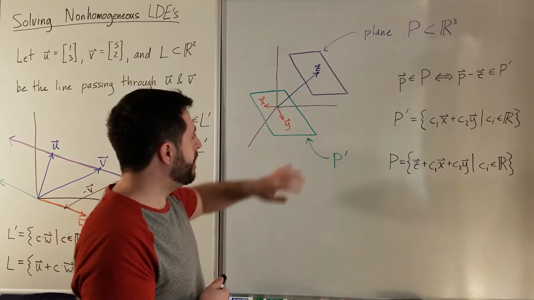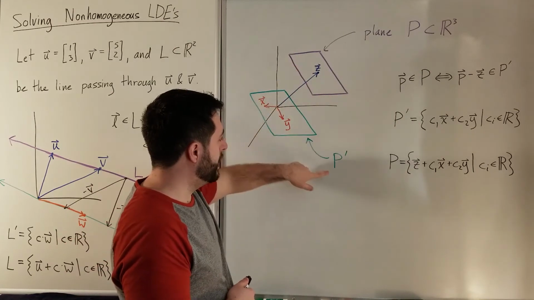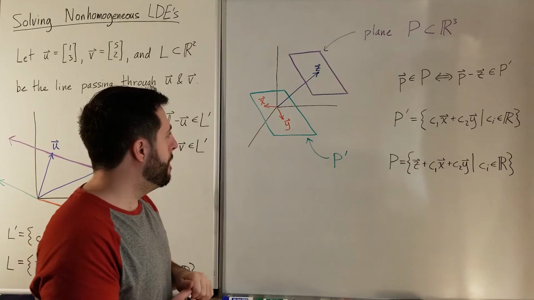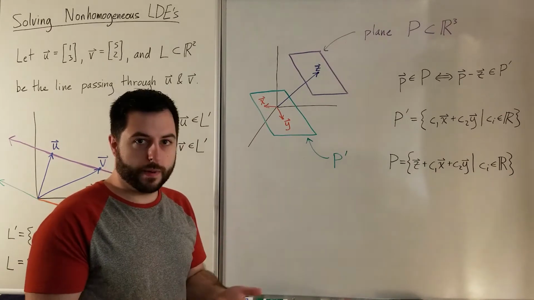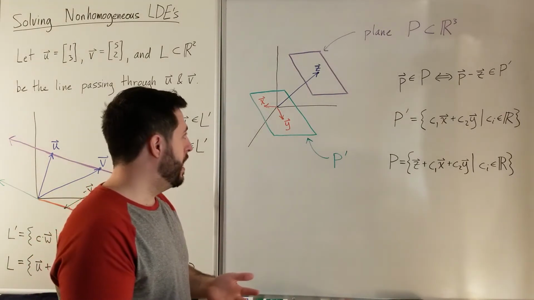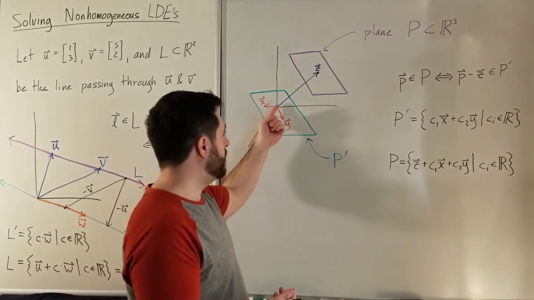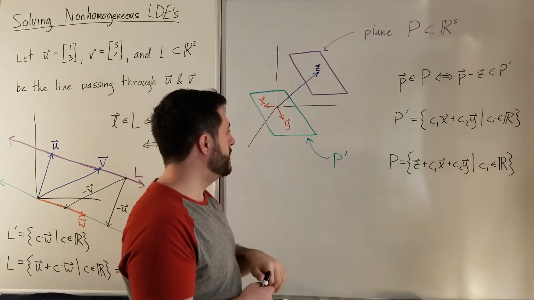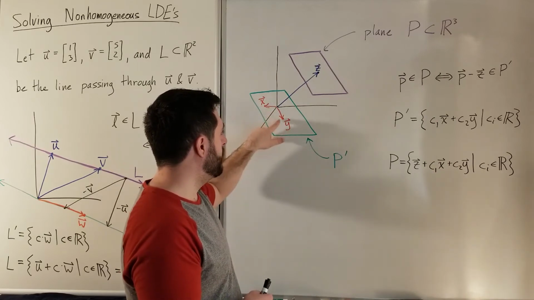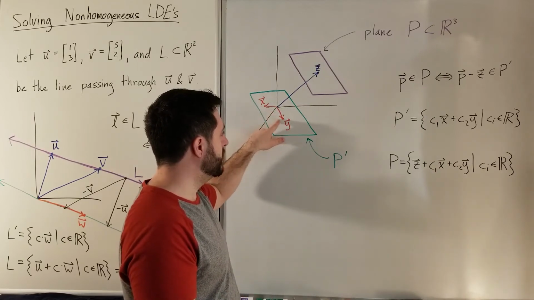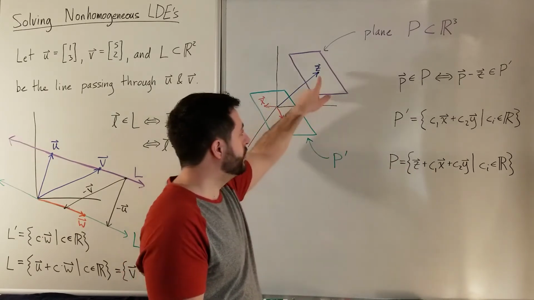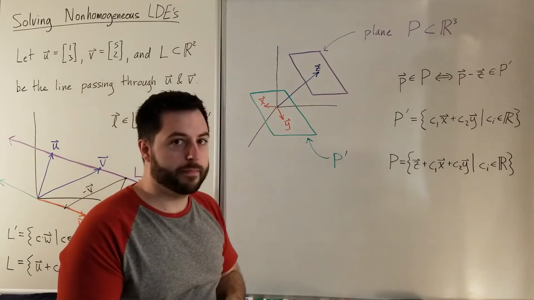And then we can find the corresponding subspace by looking at the corresponding homogeneous case. And then as long as we can find one point that's actually on our solution space, and we have independent solutions to the homogeneous case, we can write all solutions to the non-homogeneous case in the same manner.